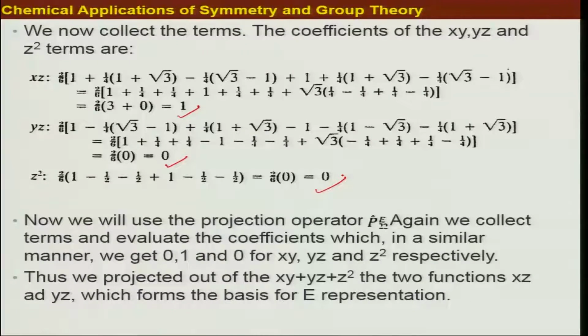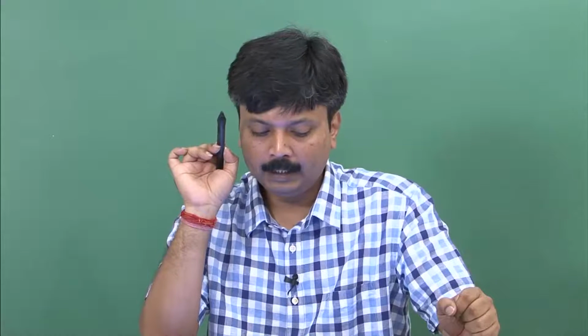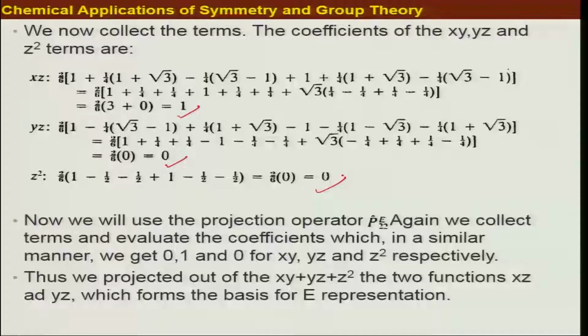So my projection operator P11 corresponding to the irreducible representation E for C3v is projecting out xz as the basis for the E representation out of the arbitrary function xz plus yz plus z square. We have to get the complete result by using all the projection operators that can be formed explicitly, because we are dealing with the complete projection operator.